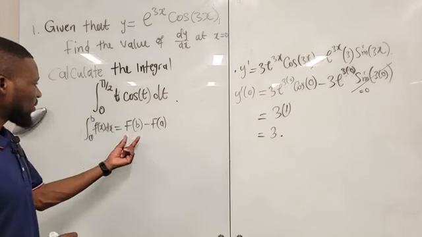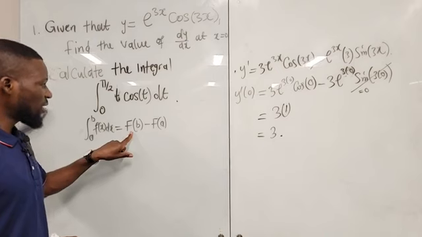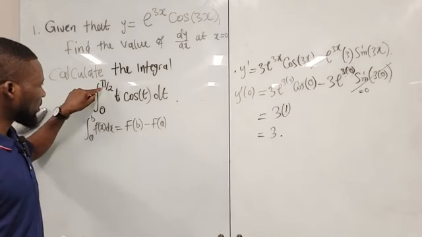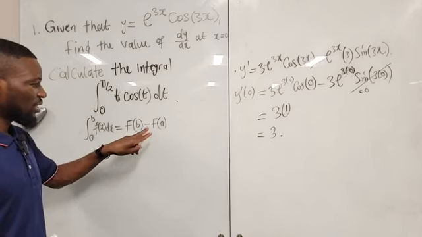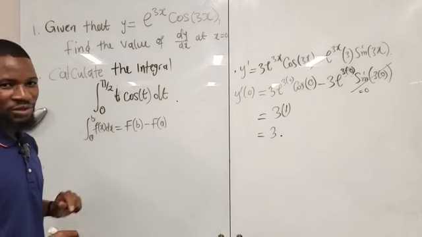So our task is to find this function capital F, then evaluate at b, which is pi over 2, then subtract the value evaluated at 0.